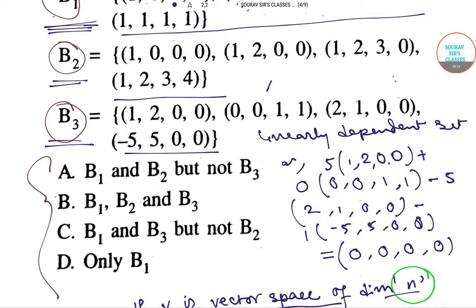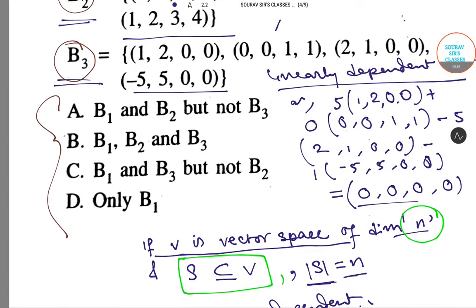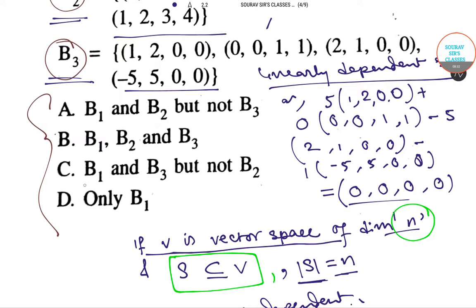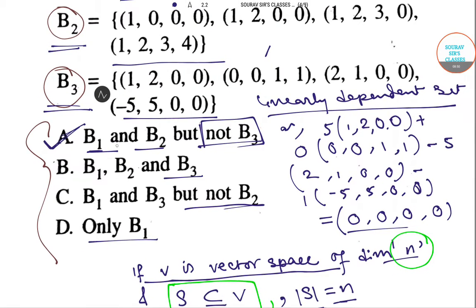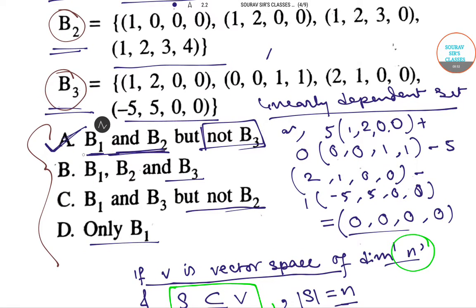So this is a linearly dependent set. So we can say B1 and B2, but not B3. So option A is the answer, that is B1 and B2 are linearly independent but B3 is not.